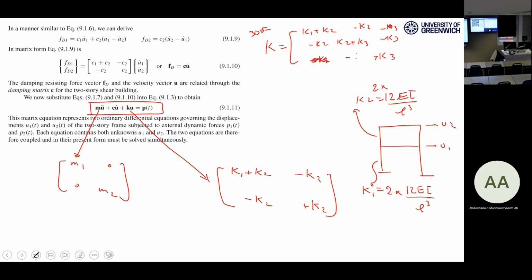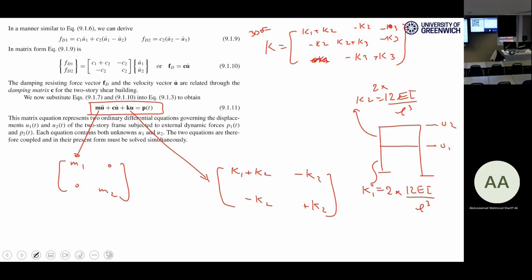It has a pattern: K1 plus K2, K2 plus K3, K3 plus K4. The last one is the last K for the roof. And you need to put minus K2, minus K3, minus K4, minus K5 in this band of your matrix. The rest are 0.